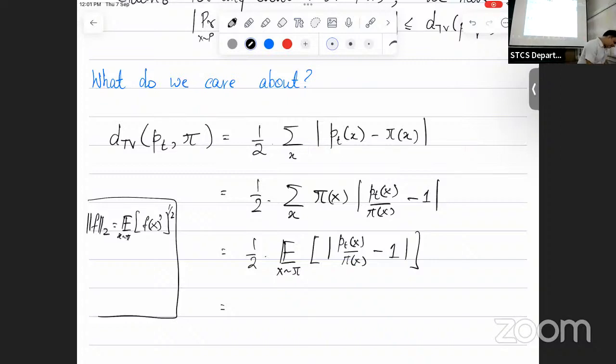So the reason I'm doing all this is I want to write this as pi inverse times pt minus the all ones vector, but the one norm, again, everything according to the distribution pi. Because pi inverse times pt is the same thing as you take your column vector pt, but then scale every entry by pi.